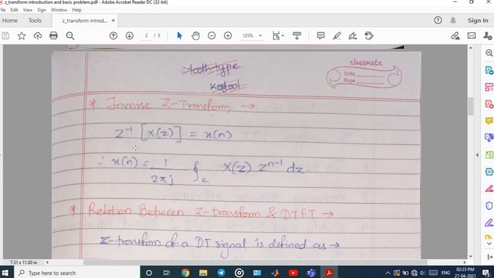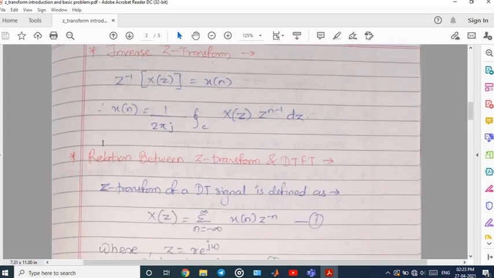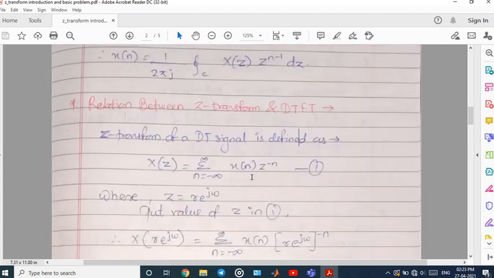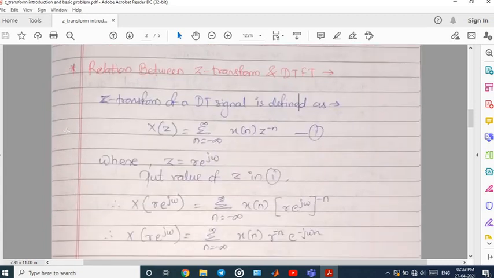Okay, in this chapter, first of all, as I said earlier, Z transform and discrete time Fourier transform are quite similar, and they have a relation. So the relation between Z transform and discrete time Fourier transform is, this is basically a small derivation, I'll explain.